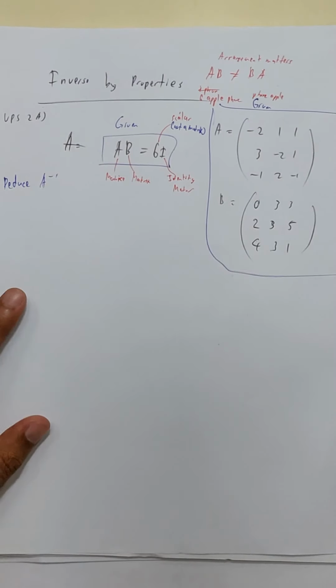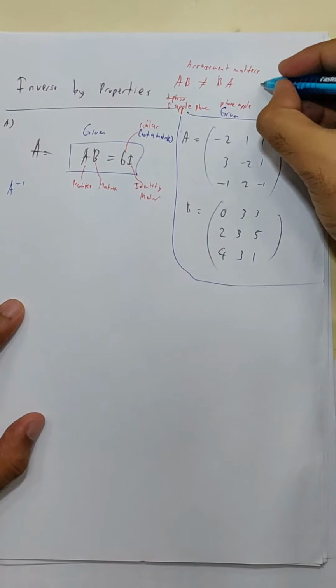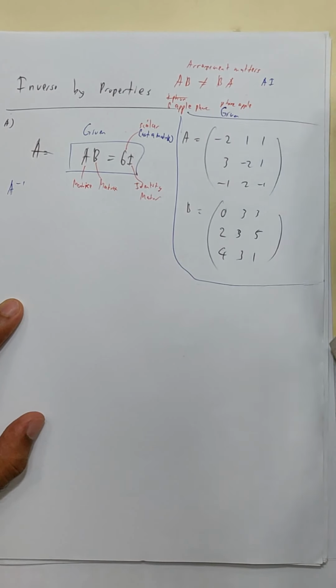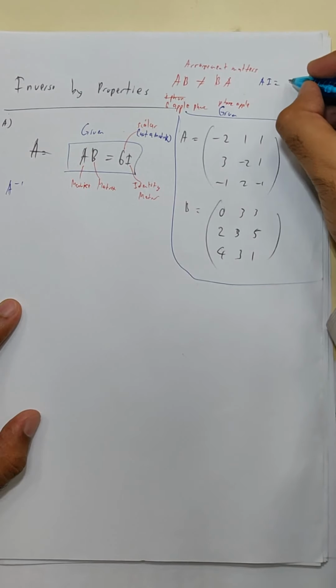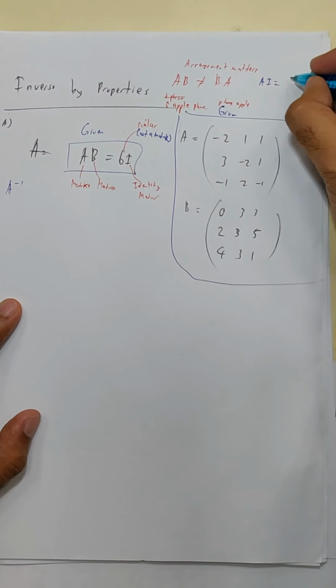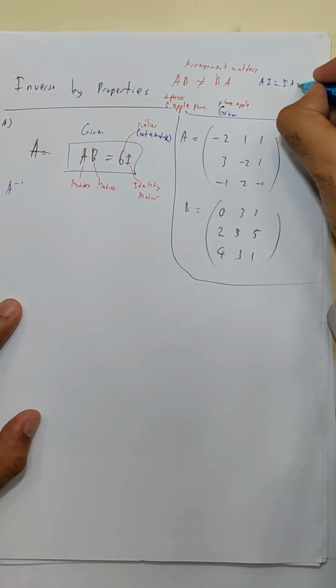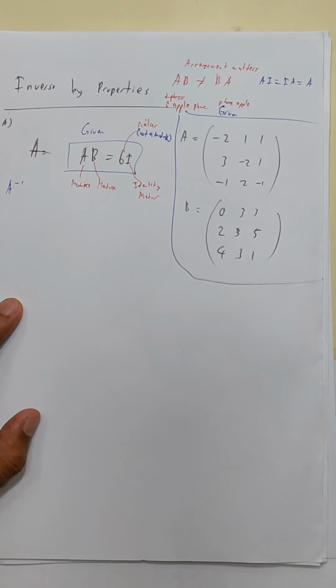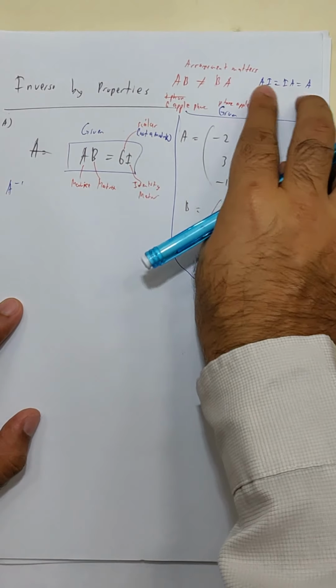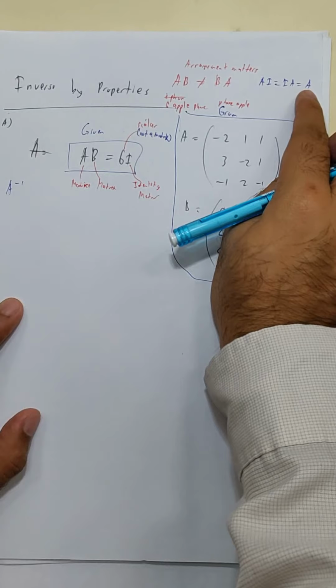Let's go. I'll touch one more. What happens if A times I? I get A. I times A? I get A again. It's like 1. 2 times 1, 1 times 2, you get the same. So for this, arrangement doesn't matter.